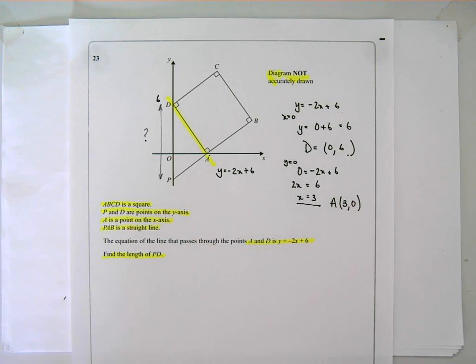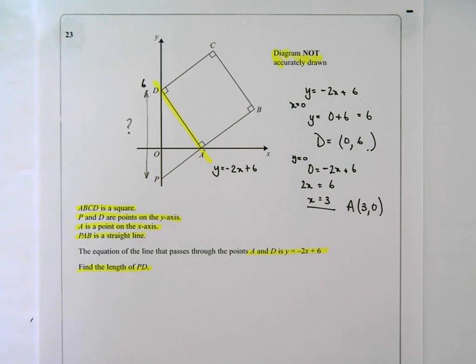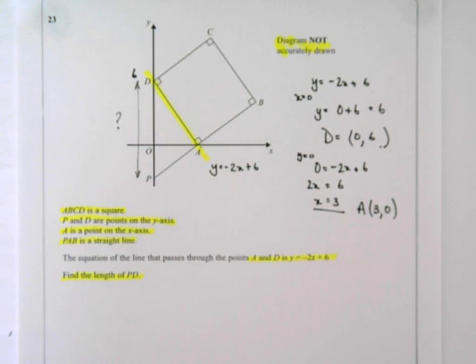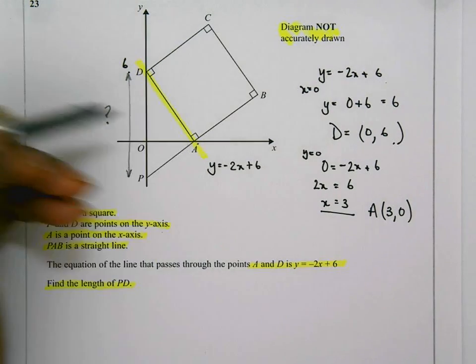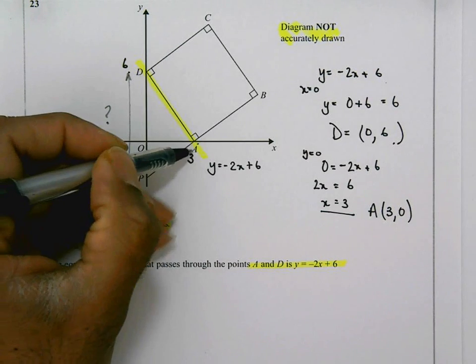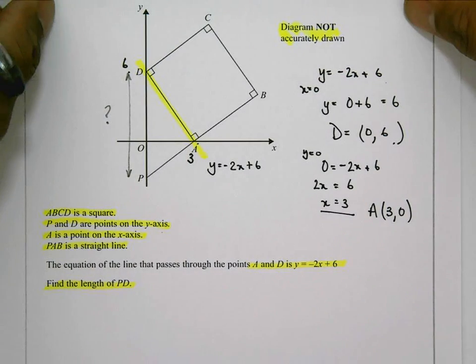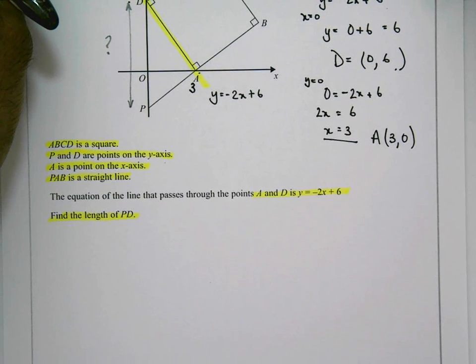Just zooming back in on this. Now what we've got so far is the fact that the coordinates of A is 3, and that point there is 6. Now I'm going to break this question up a bit further by looking at a couple of the triangles in this shape.